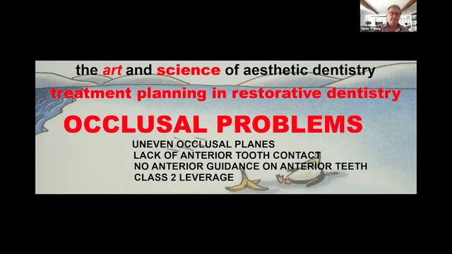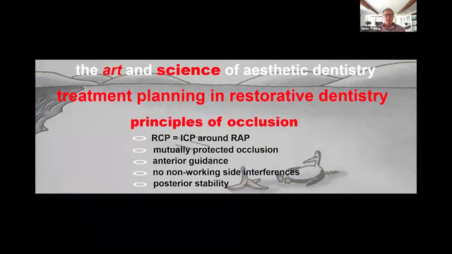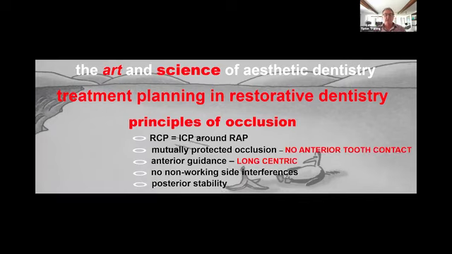So we're going to be looking at our principles of occlusion here. And we know that we have our standard 5 principles of occlusion. In this particular case, 2 of the major problems are that we've got no anterior tooth contact, and we're going to try and find a way around that. The way we're going to look at today is going to be long centric.